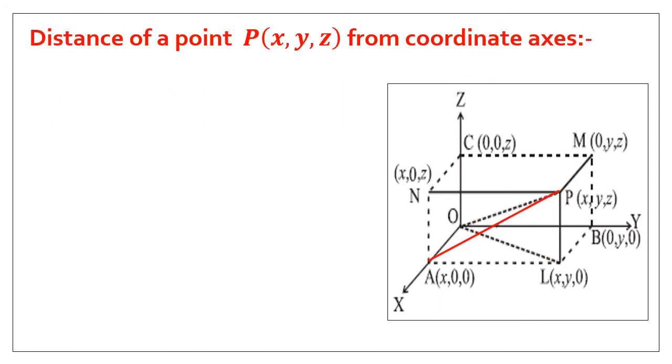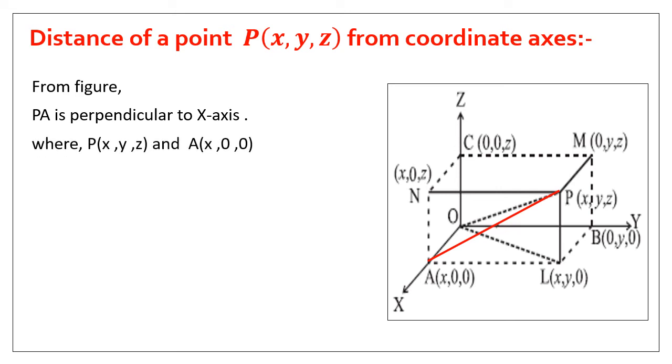We will see the distance of a point from coordinate axis. Look at the diagram, student. Now PA is perpendicular to the x-axis. P has coordinates x, y, z and A has coordinates x, 0, 0.